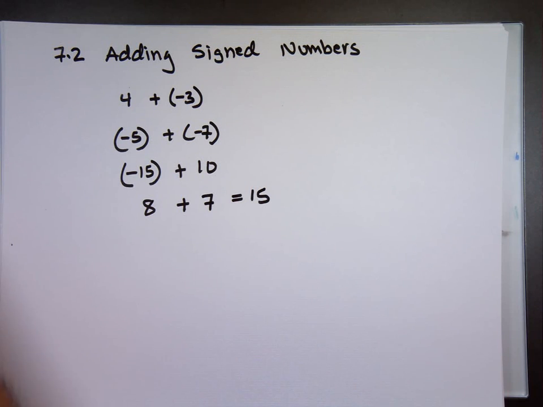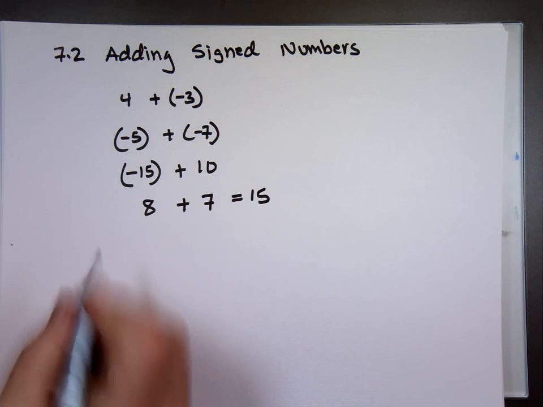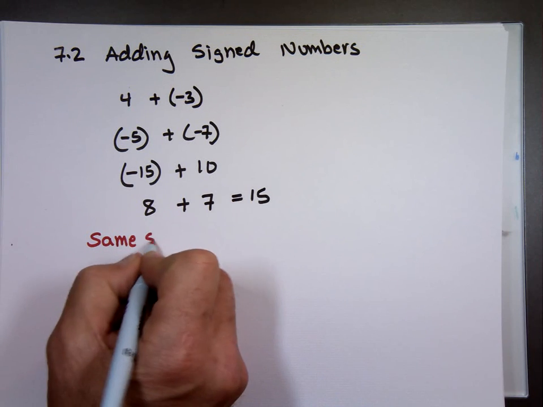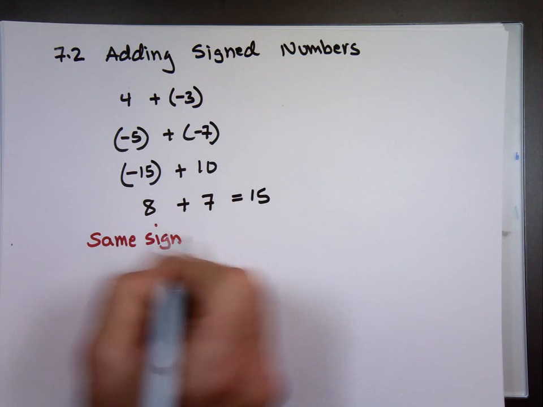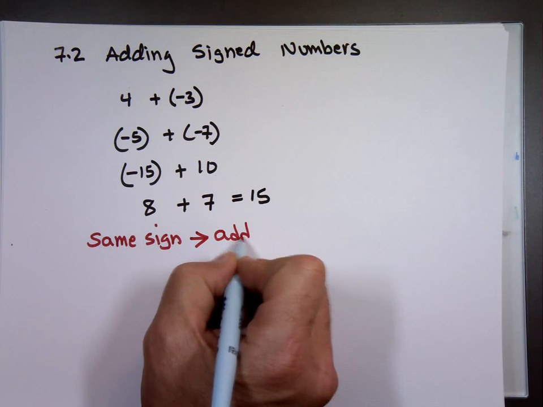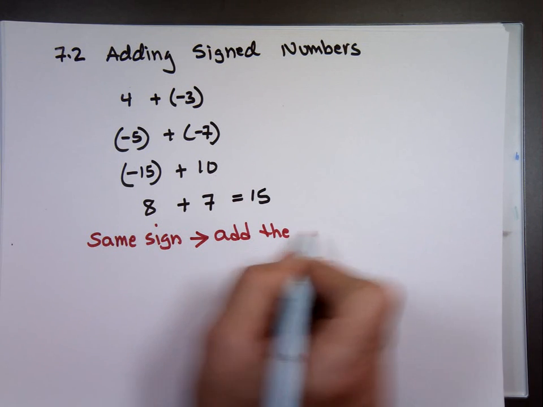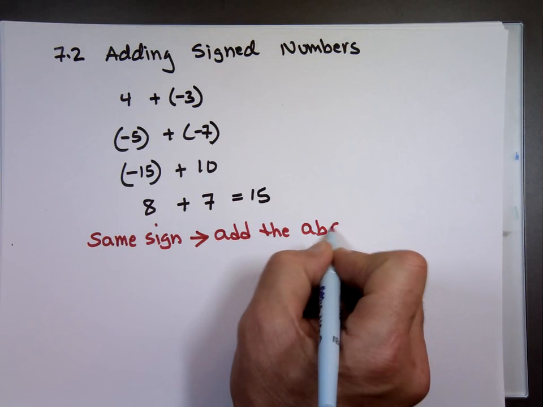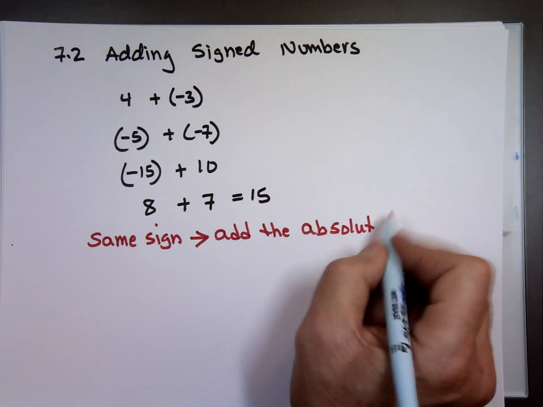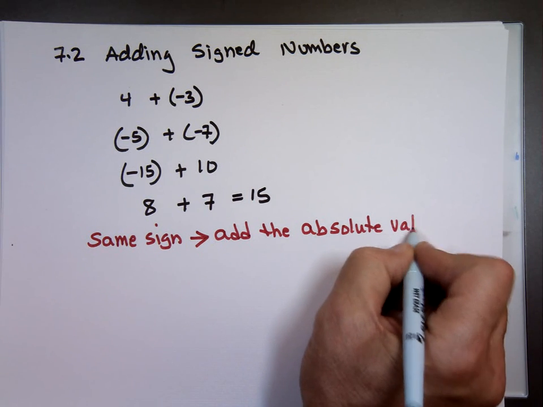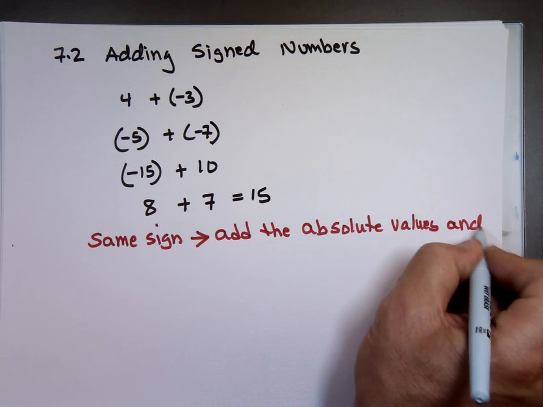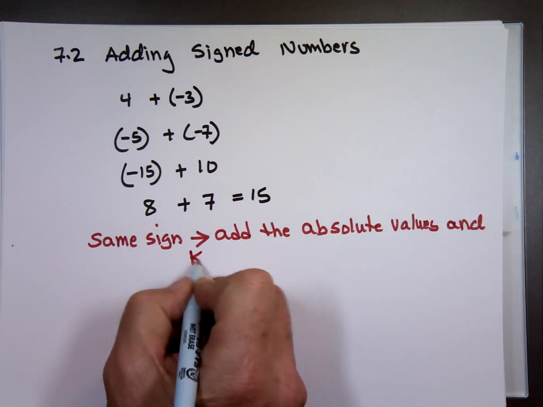If the two numbers have the same sign, what do you want to do? Add the absolute values and keep the sign.